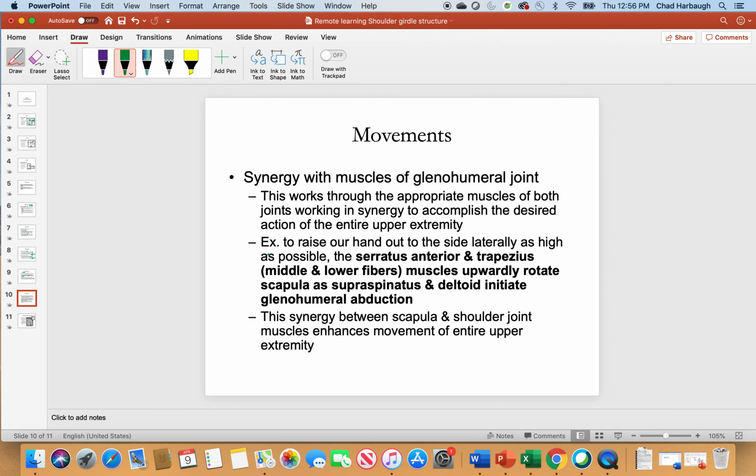So for example, when we're raising our arms off to the side, we should see the supraspinatus, which does abduction, and the middle fibers of the deltoid begin the movement of the glenohumeral joint. We see the serratus anterior and the middle and lower fibers of the trapezius help rotate the scapula. So this synergy, or working together, will allow for greater force production in the movement of abduction of the shoulder joint.